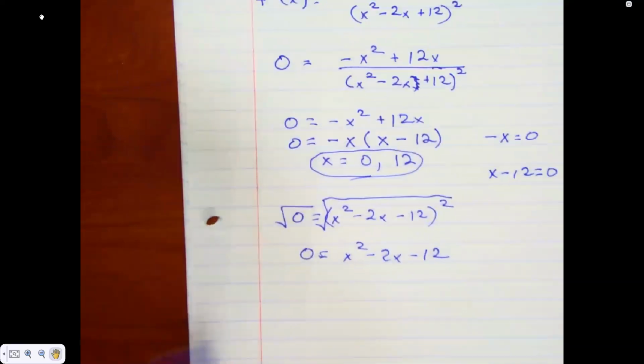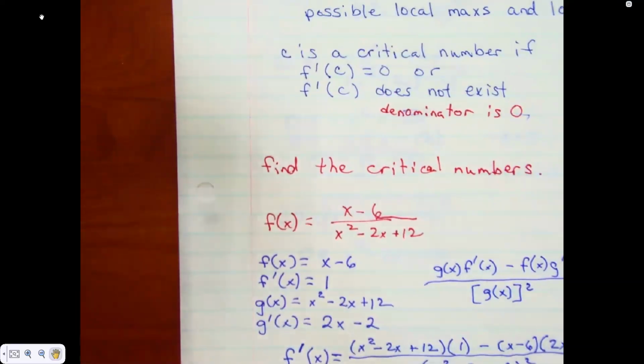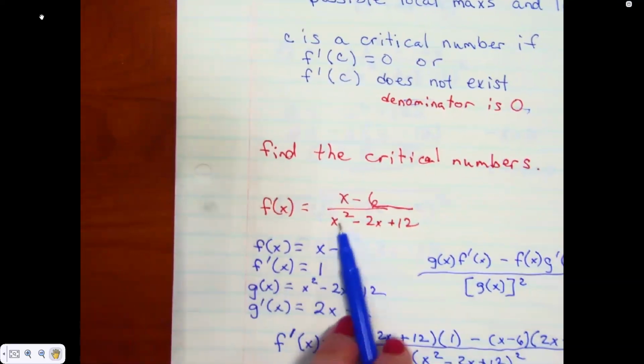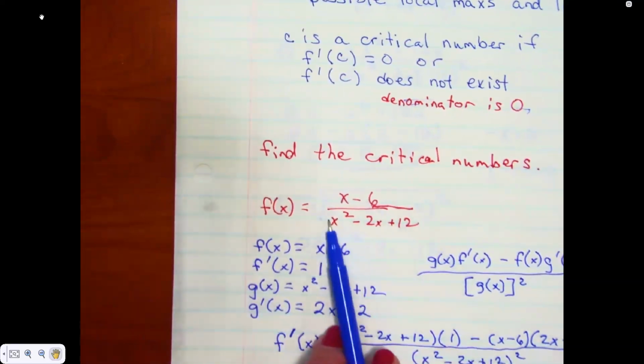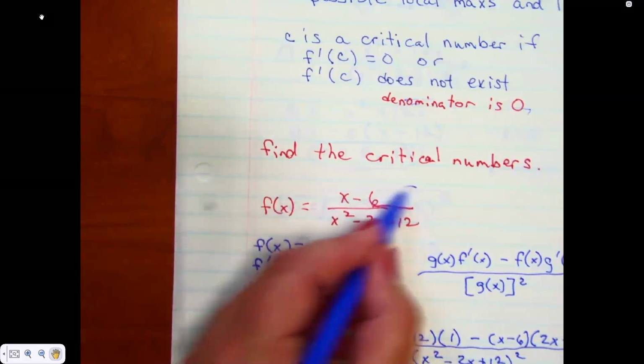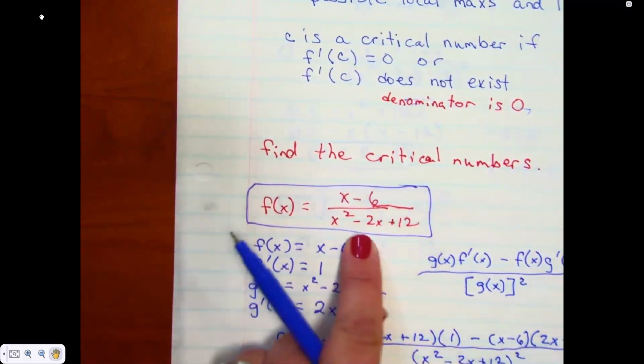Let's do this. And that's why some calc books make you always first write the domain. So let's say, and this is not the case, I should have written a problem where it does, but let's say 7 makes the bottom 0. 7 makes the bottom 0 here, okay?